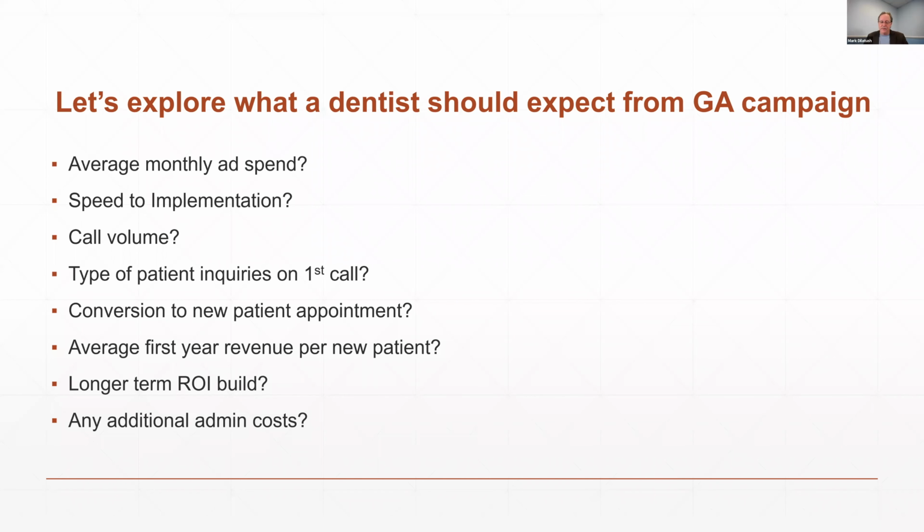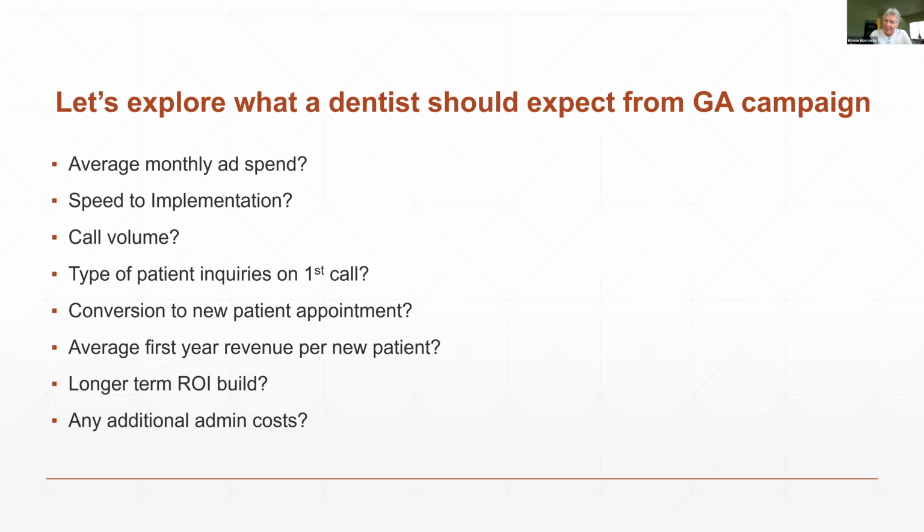But here's the but. 2 or 3 out of the 10 are going to be good candidates for your practice at the very beginning of your campaign. That's why you optimize your campaign. Sooner or later, it's 50-50: 5 out of 10 are going to be good candidates as patients, and 5 probably won't be. That's just the nature of Google, because at the end of the day, what is Google?